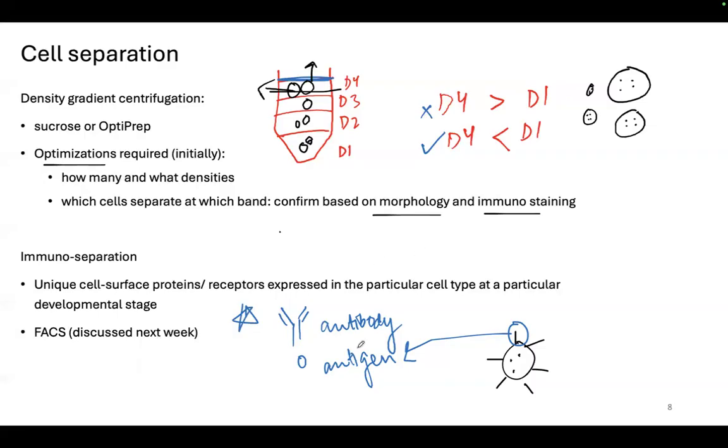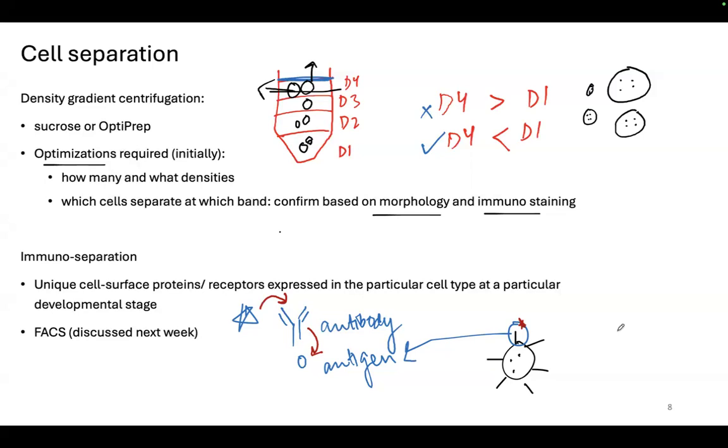This antibody is detecting this antigen, and generally this fluorescence thing is also an antibody, just an extra thing. The fluorescence is tagged to this antibody, this antibody attaches to this antigen, and then your cell just glows.